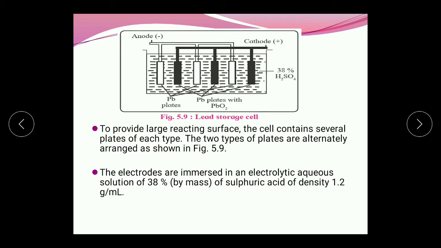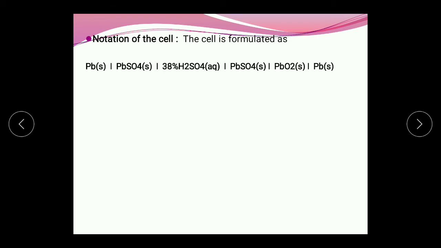Understood? Now, next point is notation. Notation of the cell. Cell is formulated as anode, as I told you, is plain lead plates, lead in solid state, single vertical line, lead sulfate, again, lead sulfate is a precipitate, hence it is in solid state.